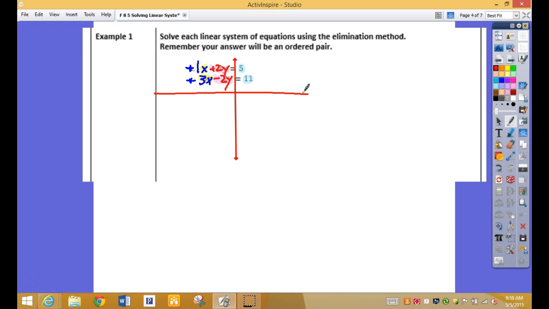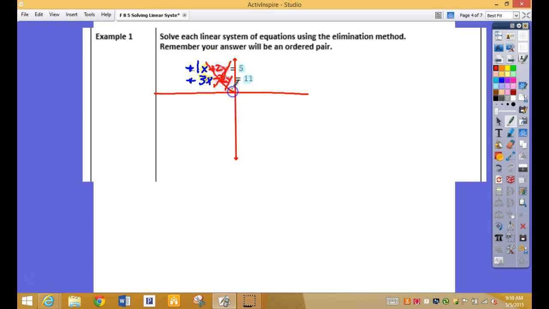Do the 1x and the 3x have opposite coefficients? No, they're both positive. Those won't cancel out. Even if this was a 3 plus 3x, would those cancel each other out? No. You'd have a plus 6x. You have to have opposites here. Positive 2y, negative 2y. What happens there?